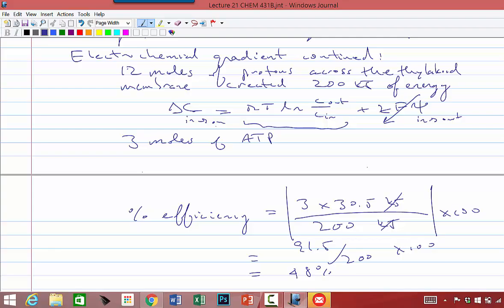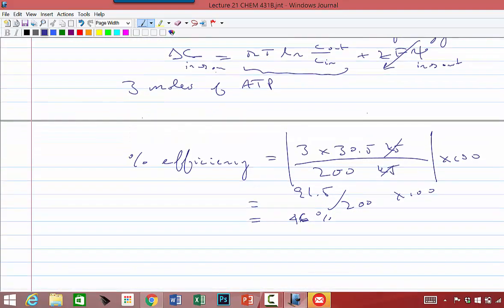Let me get my calculator. I'm just guesstimating there. 91.5 divided by 200, 46%. So you get about 46% efficiency in this system, in terms of converting the proton gradient into actual chemical energy.